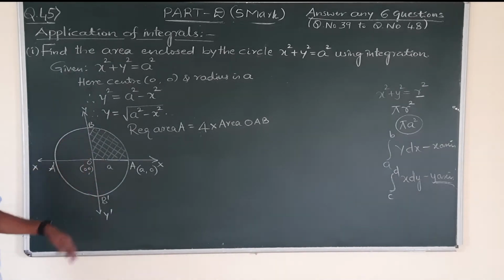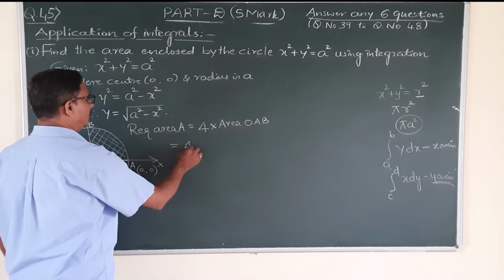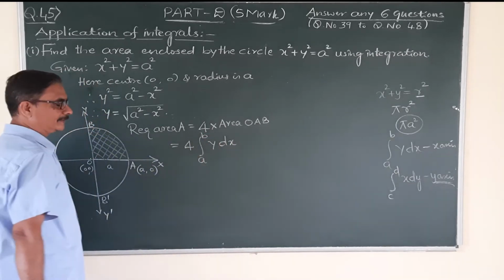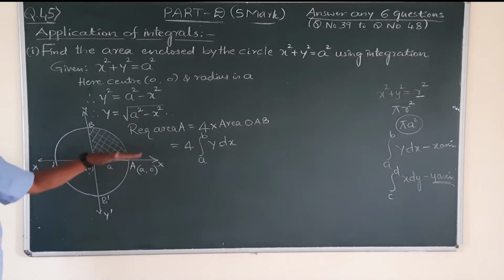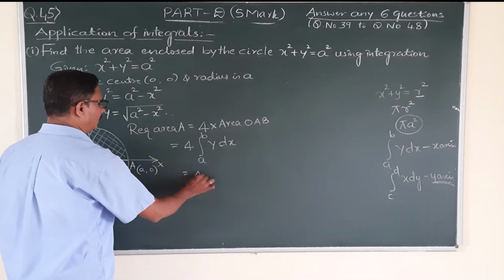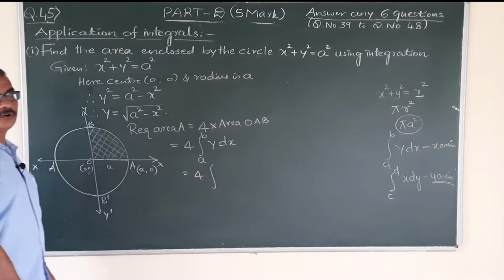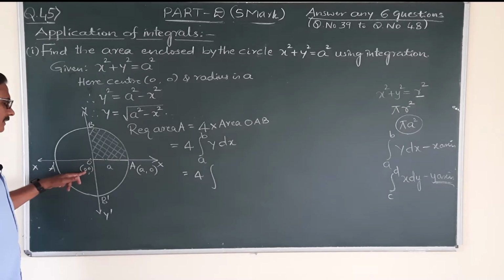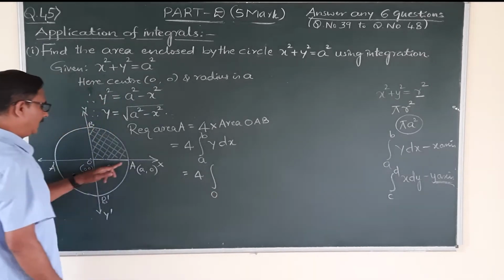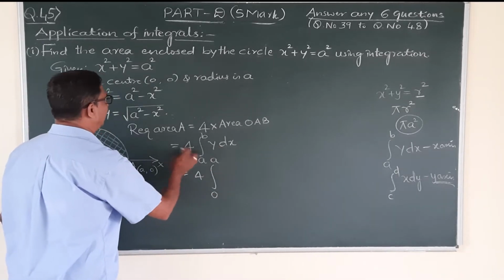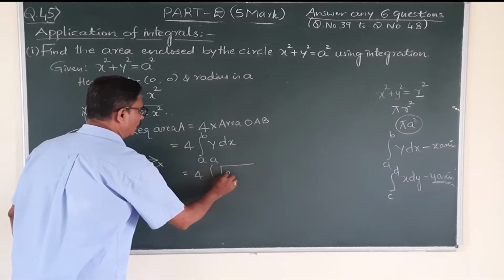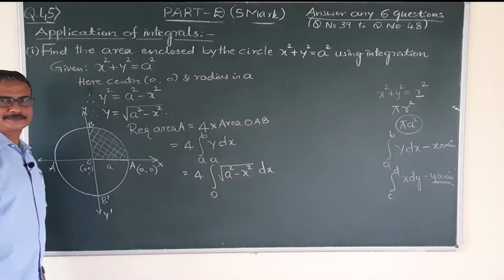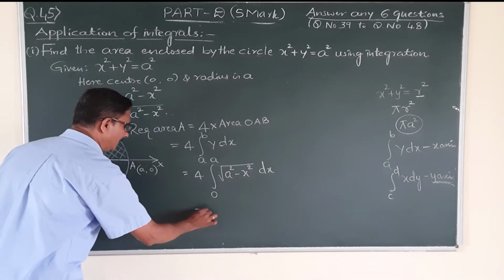That is 4 into the integral from a to b of y dx, because it is the area bounded by the curve with the x-axis. The lower limit of x is 0 and the upper limit is a. What is the y value? Under root of a square minus x square with respect to x. Right?